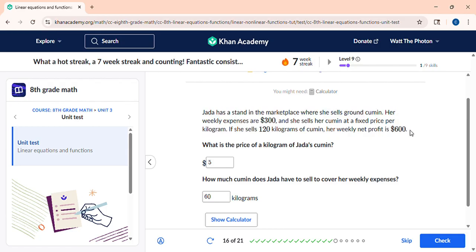So your weekly expenses are $300. So is this minus $300? Do they know what profit is?